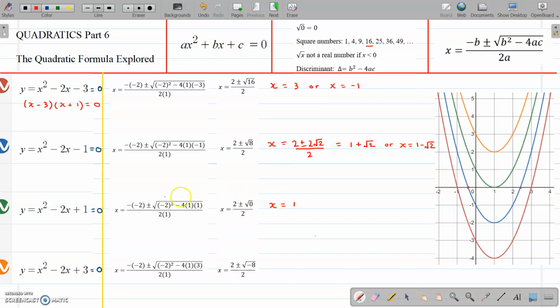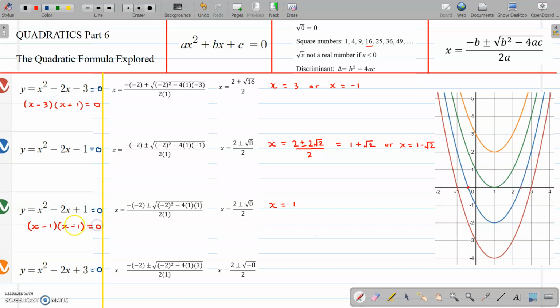Now what about if you factorize this? Well, you can factorize it, and this is what would happen. The factors of 1 that add up to -2 are -1 and -1. So if you did factorize this, you would have got this: (x - 1)(x - 1) = 0.